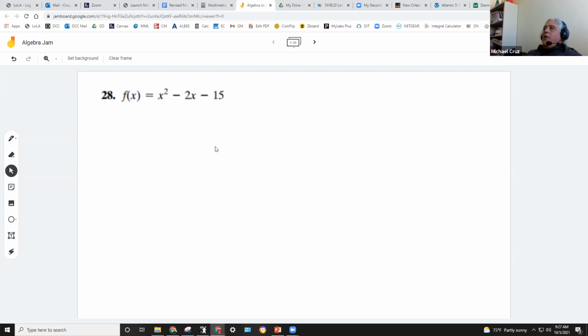All right, so let's just go through this one step at a time. And the way I might like to do this is just label these. Let's find a vertex first.